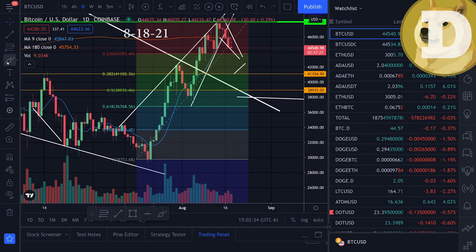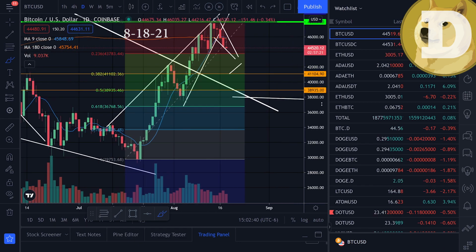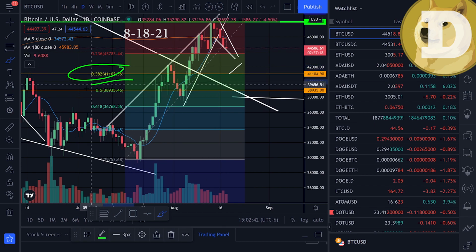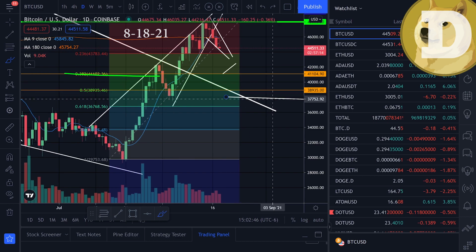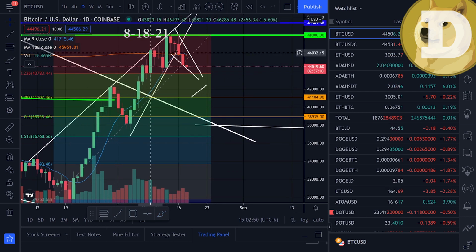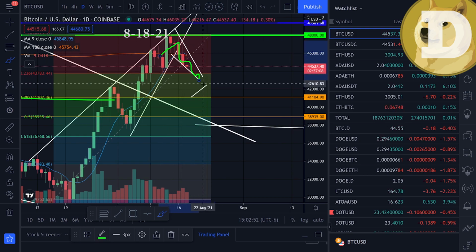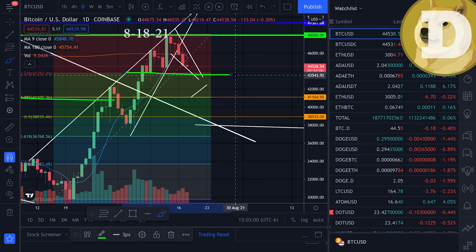I'm watching 41,100 and 38,935. So basically these two are pretty big limit orders right there, and I'm seeing what happens until we break this trend line going to the downside. I'm assuming that we're going to go down and maybe fill these limit orders, but it's possible that we hold support at this red line right here.